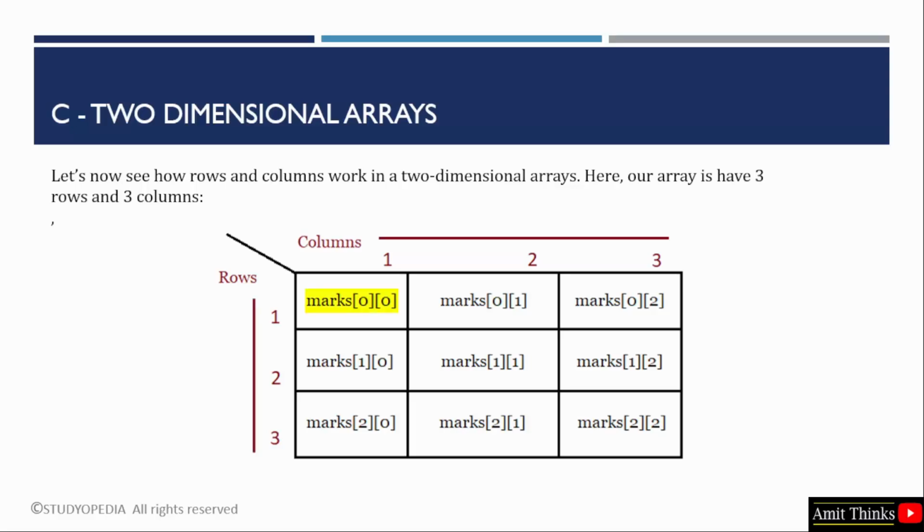For first row and first column, your marks is at the 0th index, that is marks[0][0]. Then for first row and second column, since this is the first row, its index would be 0, so marks[0]. And since the column is second, its index would be 1. Therefore marks[0][1] for first row and second column. Similarly for the entire matrix. Consider two-dimensional arrays as a matrix like arrays of arrays. That's why we have two square brackets in it.